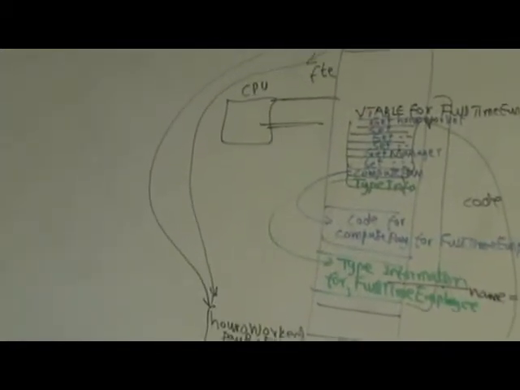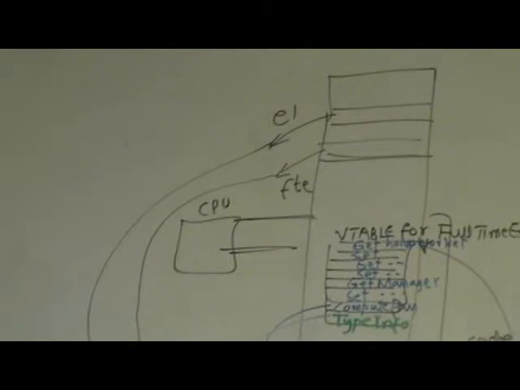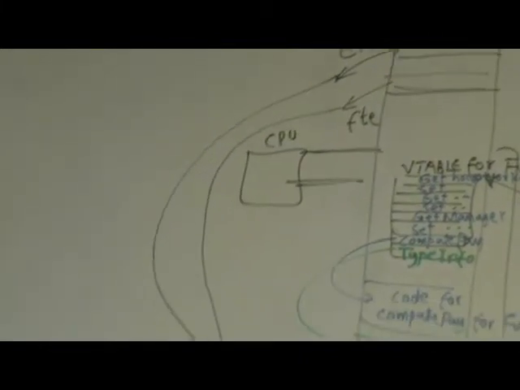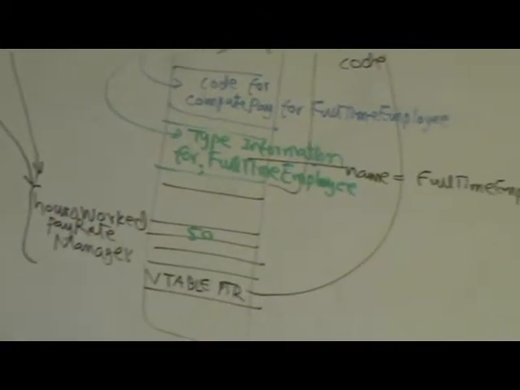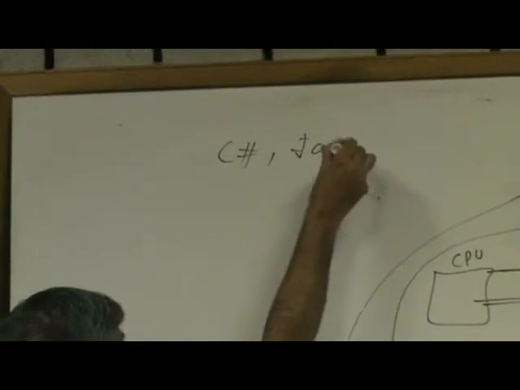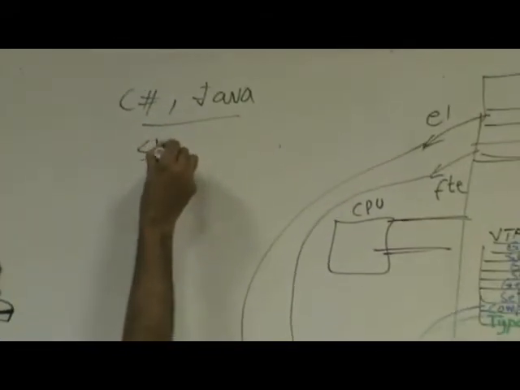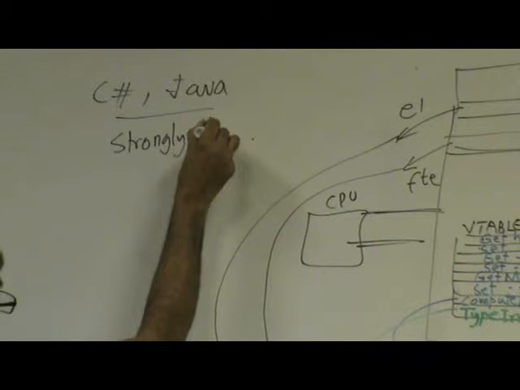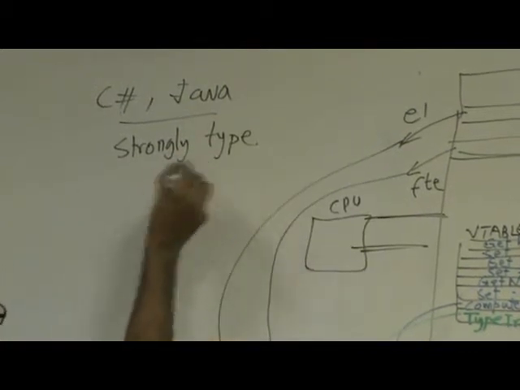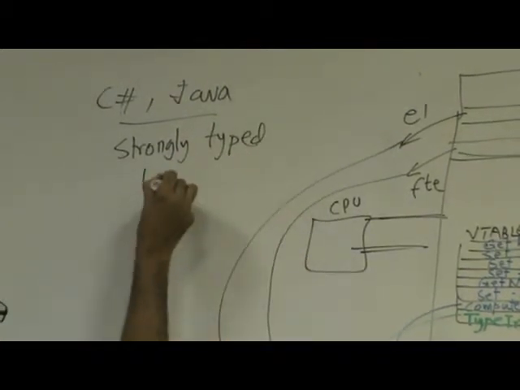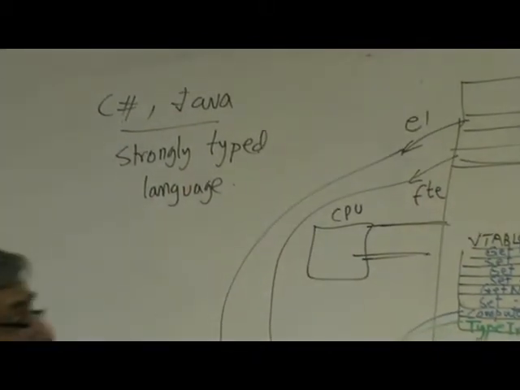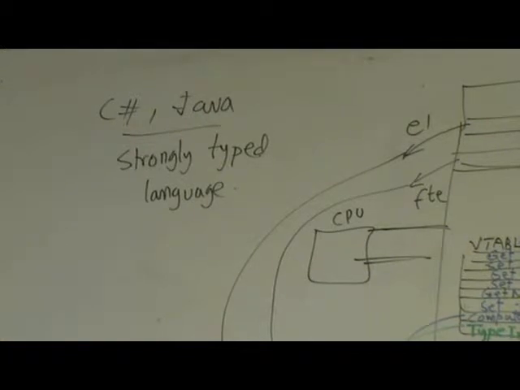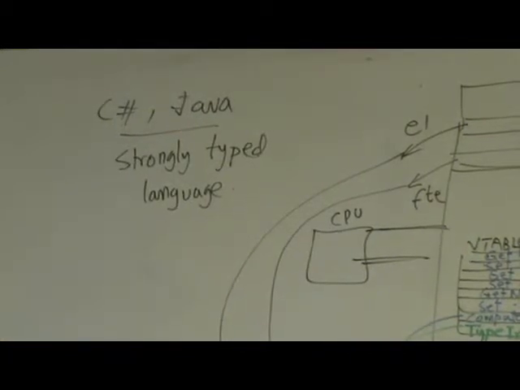However, as I mentioned last time, unlike Python or JavaScript, where this type of thing will be perfectly acceptable, C#, Java, C++ are strongly typed languages. In a strongly typed language, the type of the left-hand side has to match the type of the right-hand side, unless we do typecasting, meaning we tell the compiler it's okay to do that.